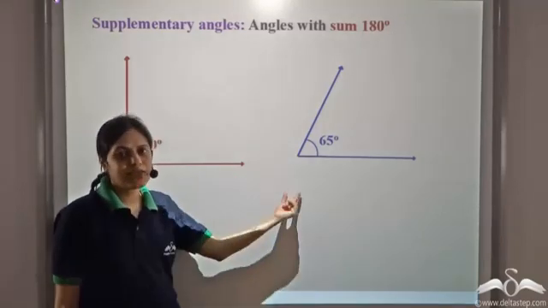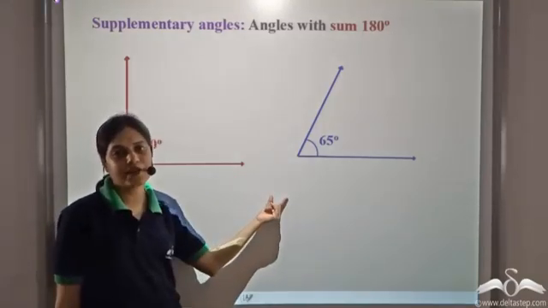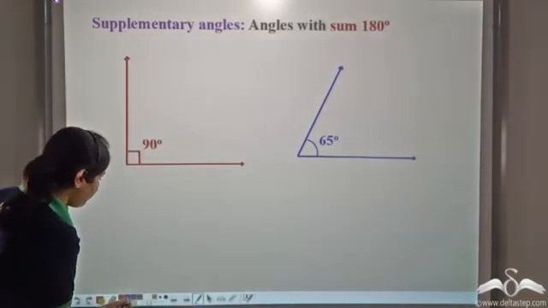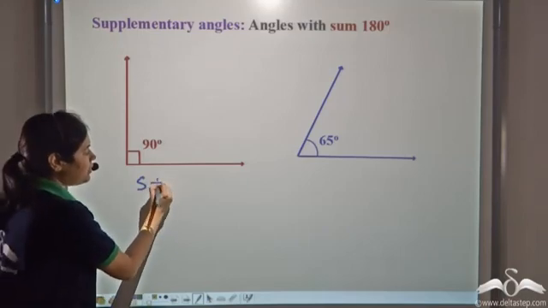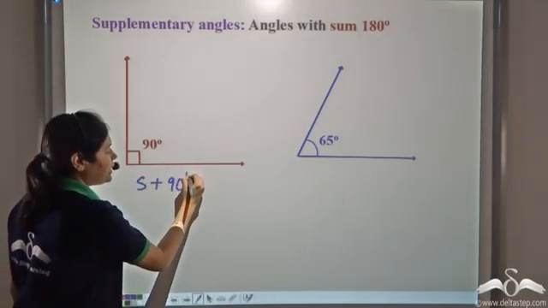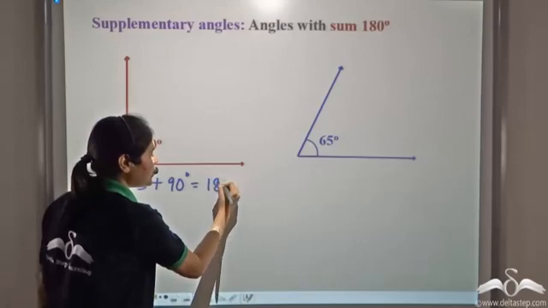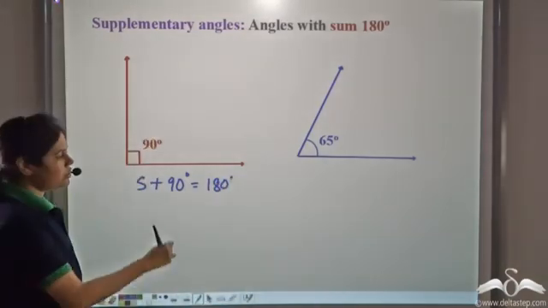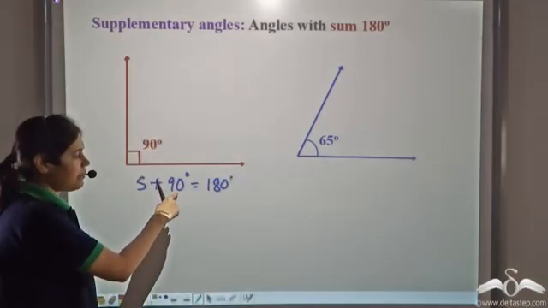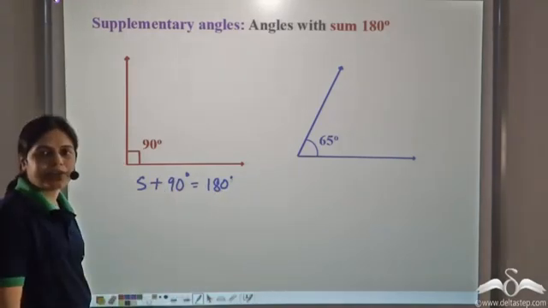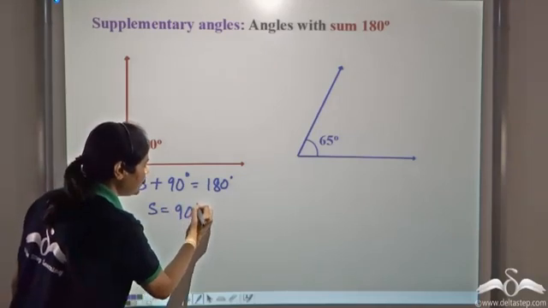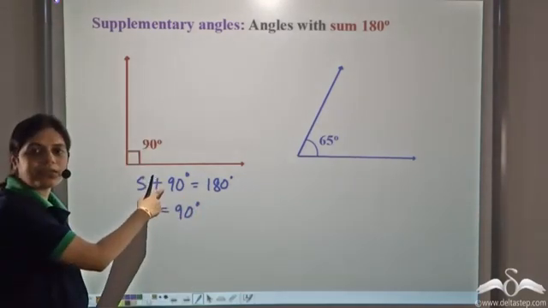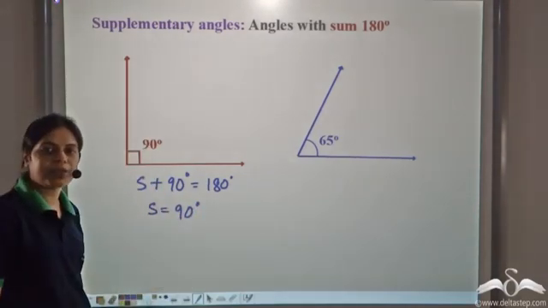So, let us find the supplement of each of these angles. Supplement of the 90 degree angle will be an angle which, when added to 90 degrees, gives 180 degrees. So, we can find the supplement by subtracting 90 from 180. So, the supplement of the 90 degree angle is equal to 180 minus 90, which is equal to 90 degrees.